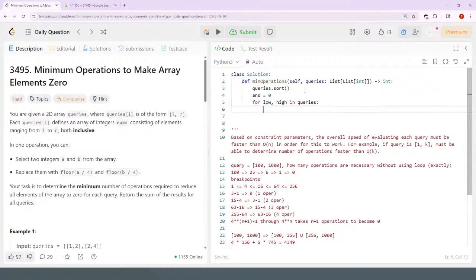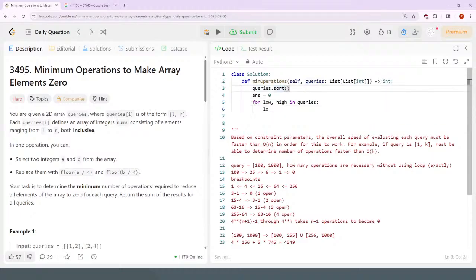So for each low and high value in the queries, I need to identify the power of 4 that would be the lowest power of 4 that might be in the range of values, and the highest power of 4 that's in the range of values.